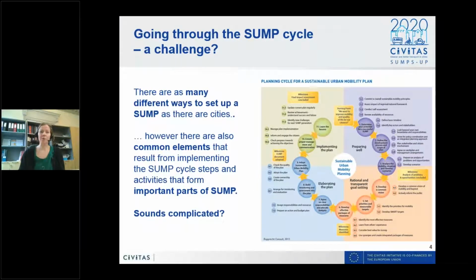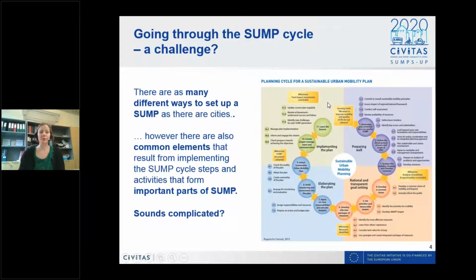And I hope this SUMP cycle is already familiar to all of you. It might seem like a challenge to go through this whole cycle. And there are as many different ways to set up a SUMP as there are cities. Of course, it does have to fit the local context and the circumstances, and reflect the city's challenges, like how the SUMP will be built up.